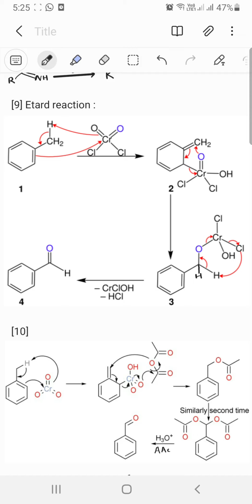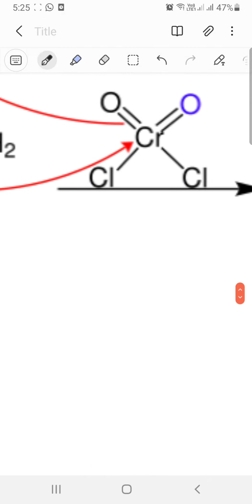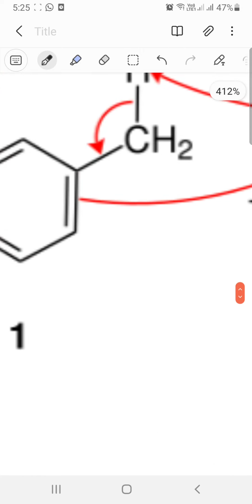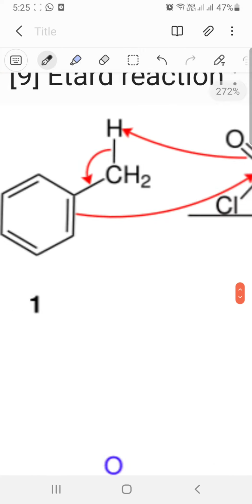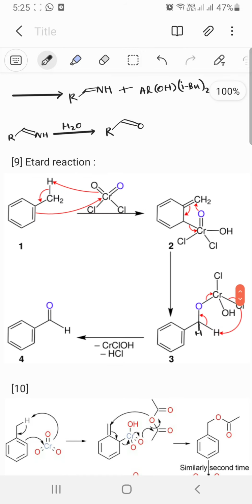Right, this must be what's happening, that this is attacking it directly, making that O minus over there. There's still that positive charge over there. Okay, and then it gets that hydrogen, right? So this is like 2-3 steps condensed in one thing. Fine.